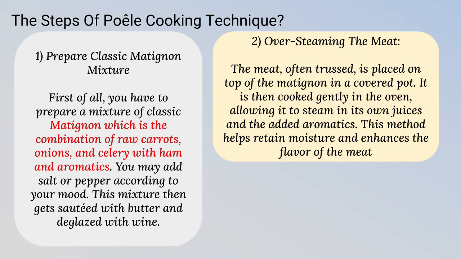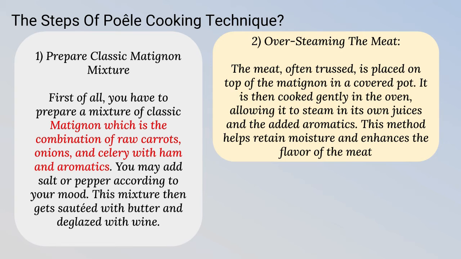It remains very compact in shape and size. That is known as trussing. We already had a meat session where we discussed trussing. You can refer back to those lessons. It is then cooked gently in the oven, allowing it to steam in its own juices and the added aromatics.